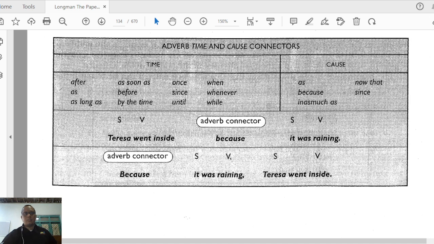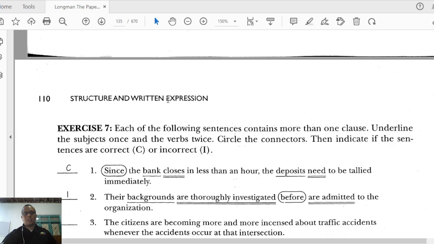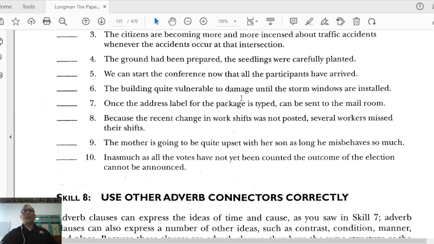Salah, once it can be sent to the mailroom. Harus pakai once it can be, harus ada kata it can be. Nah, ini salah ya.